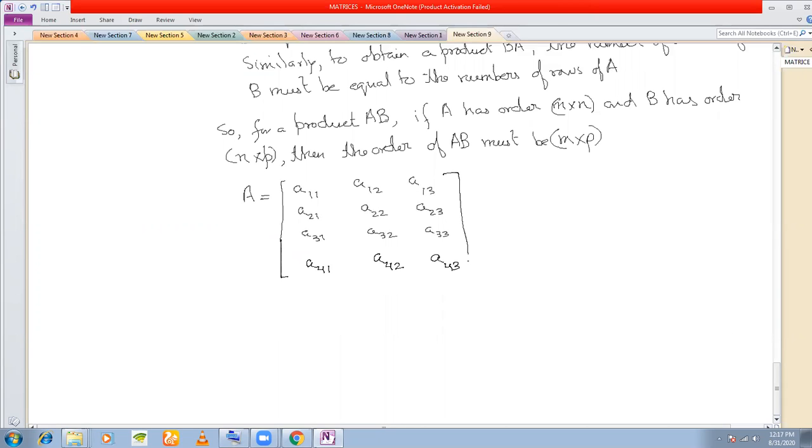This matrix. Clearly, what is the order of this matrix? It has 4 rows and 3 columns. So the order of this matrix is 4 by 3.